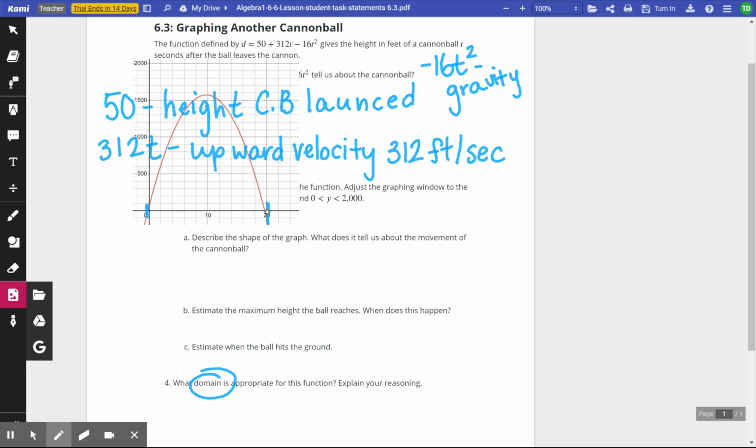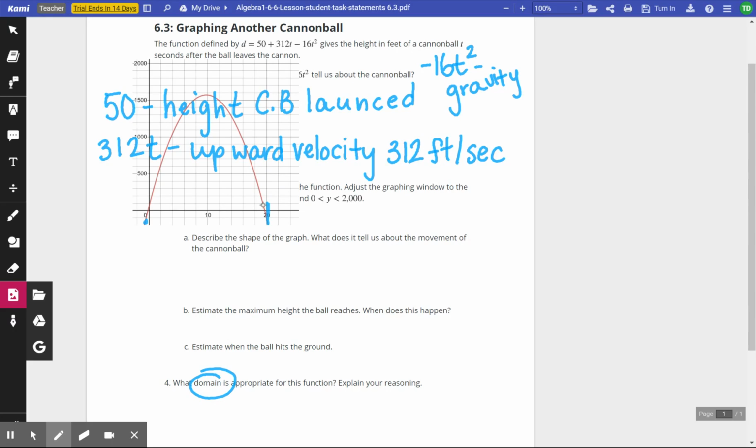And why would I say that? Well, if you look before 0 seconds, where is the cannonball according to this picture? It's down here. The cannonball can't be inside of the earth before 0 seconds. That doesn't make sense.